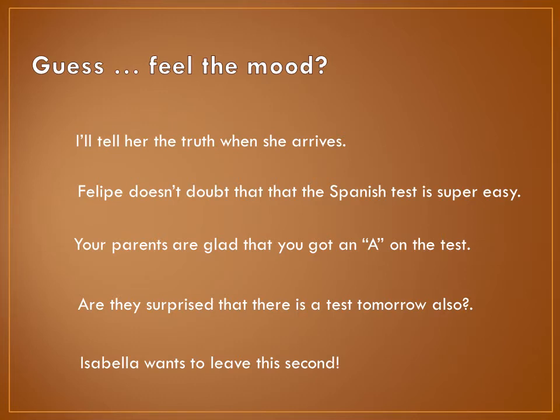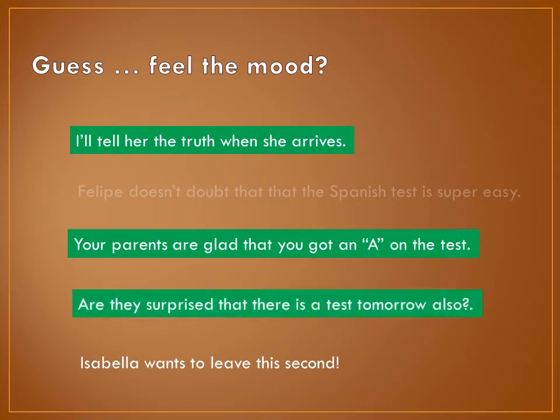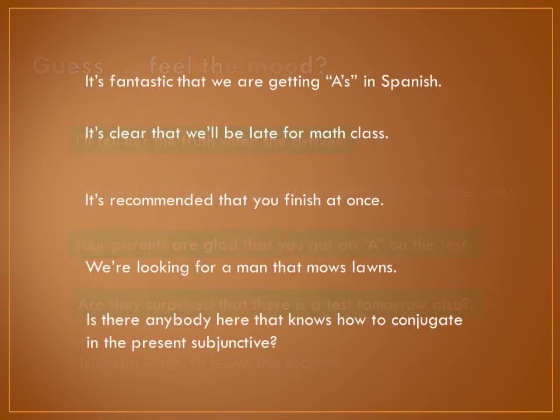The ones that light up in green are subjunctive, and the ones that fade away are in the indicative mood. That second one is in the indicative.